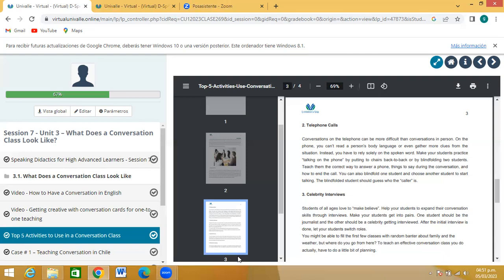Something important: if you're going to work with telephone calls, first you must introduce the vocabulary used there. Okay, because in this way, when the students have some previous knowledge about the phrases or the words that we can use in telephone calls, it is going to be much easier for them.